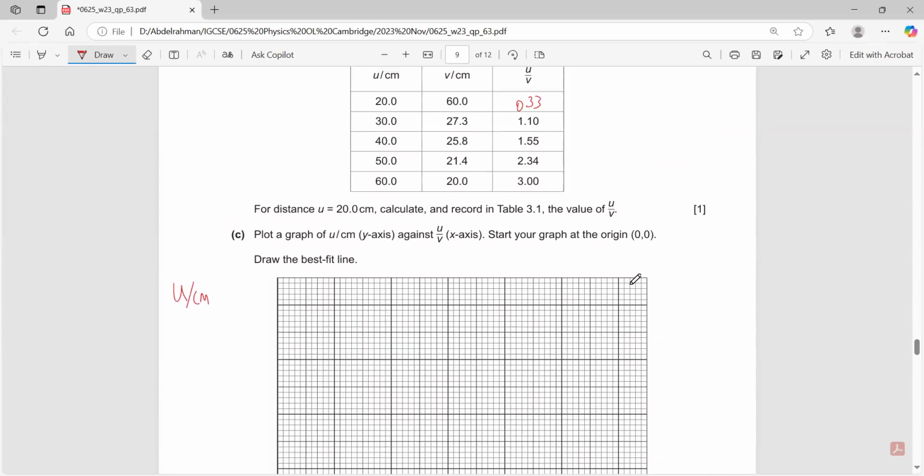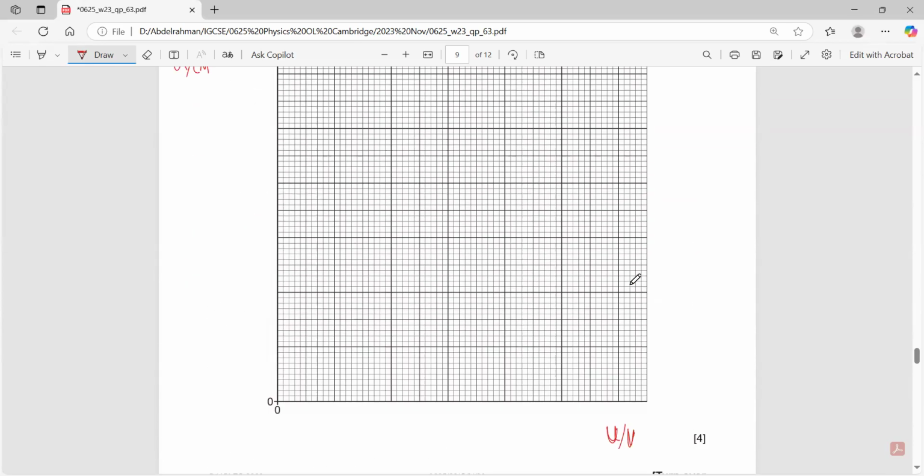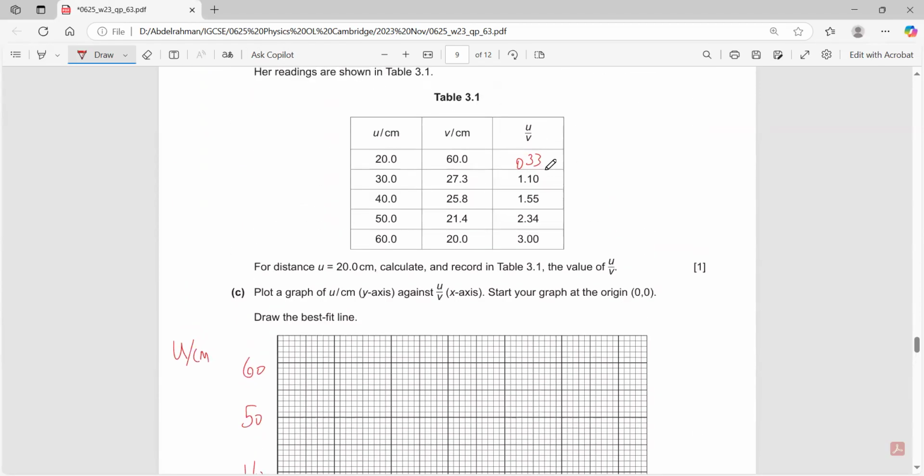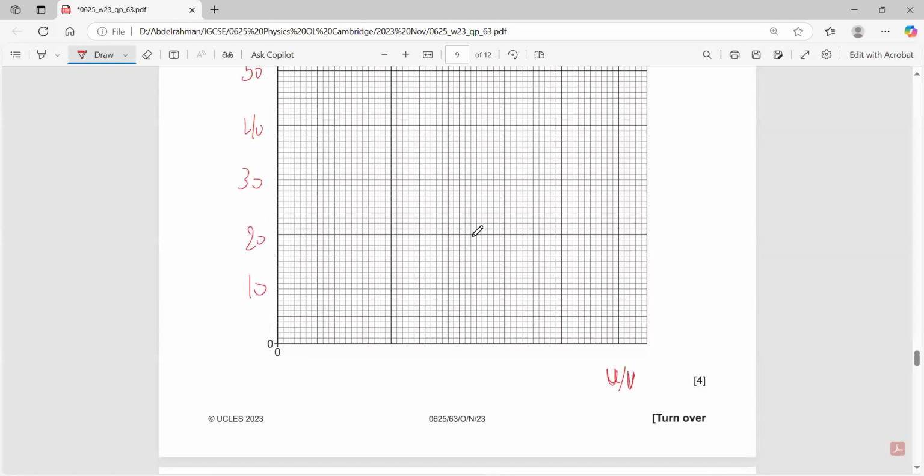For u, you have to say 10, 20, 30, 40, 50, and 60. And for u over v, it goes all the way up to 3, so 0.5, 1.0, 1.5, 2.0, 2.5, and 3.0.